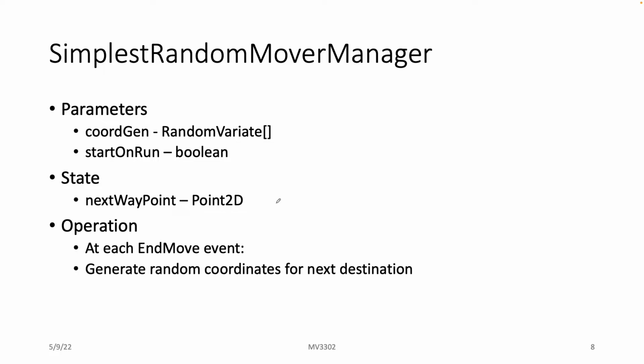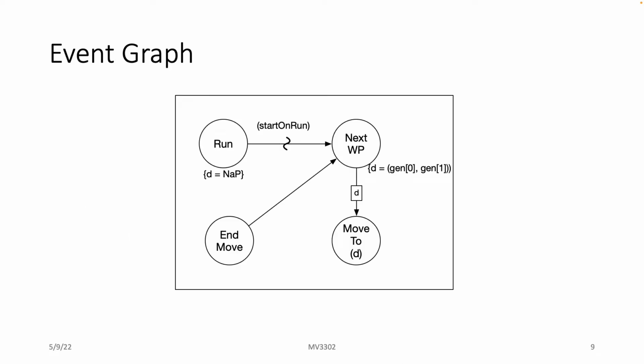So the idea is that at each nmove event, we simply generate the next waypoint from our array. Here again, our state is our next destination, and so we will schedule our next waypoint, and our next waypoint is simply going to be randomly generated.